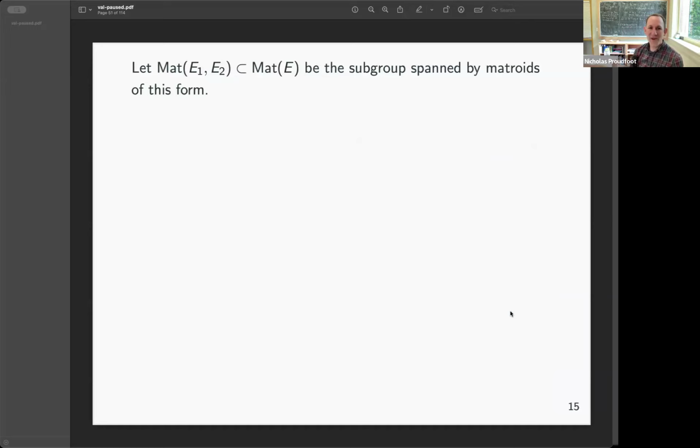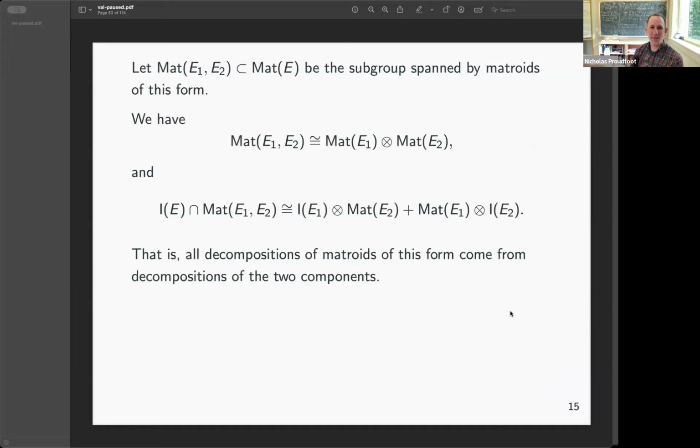Okay, now I want to consider the subgroup of Mat(E) spanned by matroids of this form. Not all matroids on E are of this form. This subgroup is just the tensor product of Mat(E1) and Mat(E2). In other words, a basis for Mat(E1 ⊔ E2) is given by a matroid on E1 and a matroid on E2.